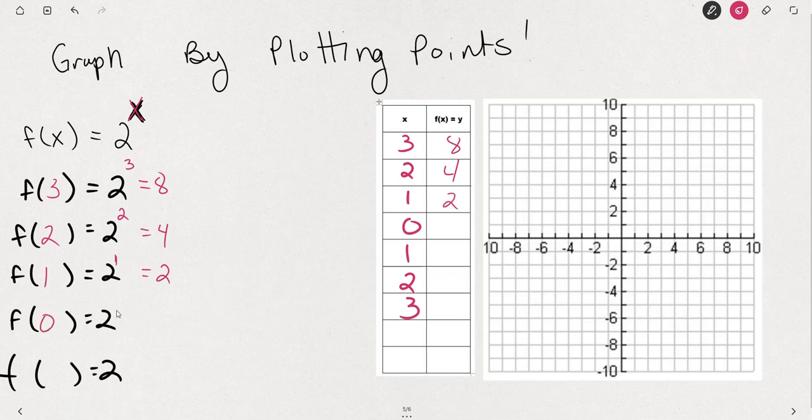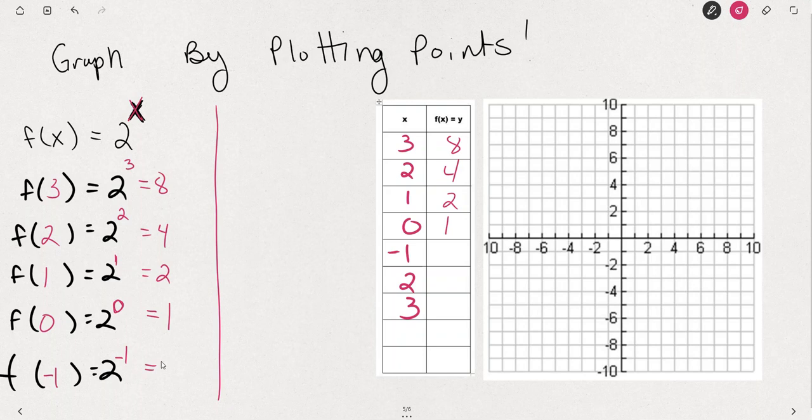F of 0. This one, you could put it in your calculator if you've forgotten, but you might have just memorized. You might just know that anything to the 0 exponent is 1. So 2 to the 0, by definition of a 0 exponent, is 1. F of negative 1.